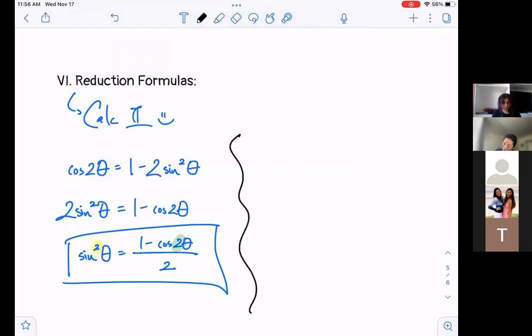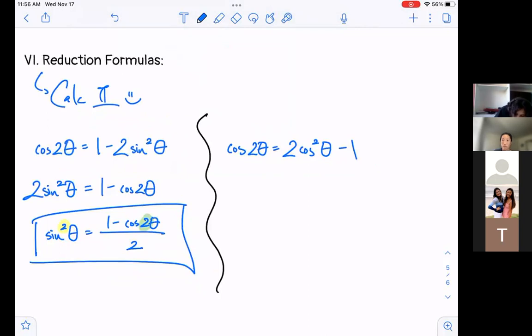All right. We're going to use the other cosine double angle one to do the cosine reduction formula. We're going to do the same game. We're going to get cosine squared by itself. So we have 2 cosine squared theta equals cosine 2 theta plus 1.